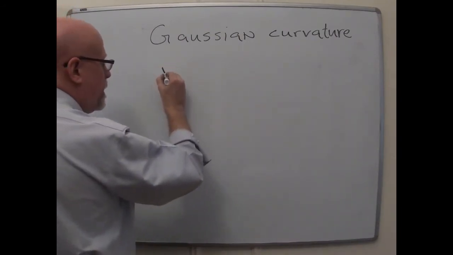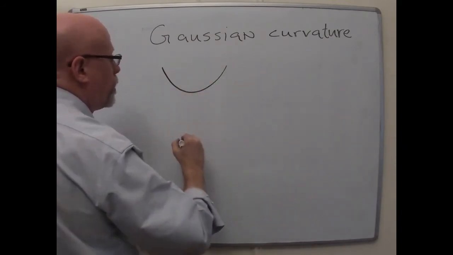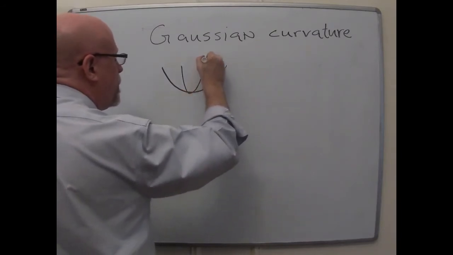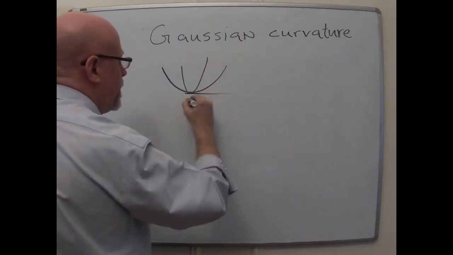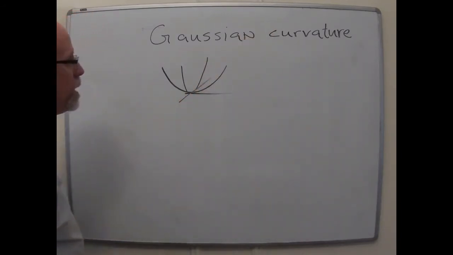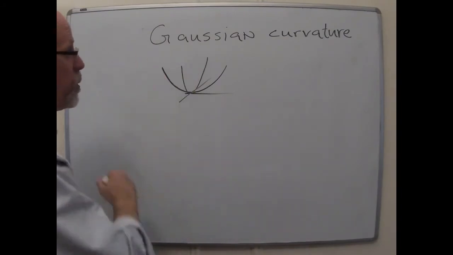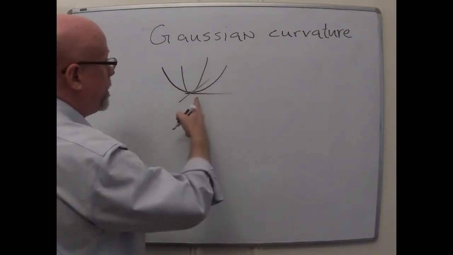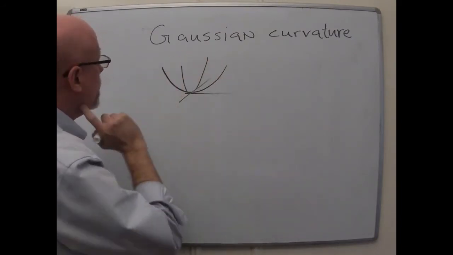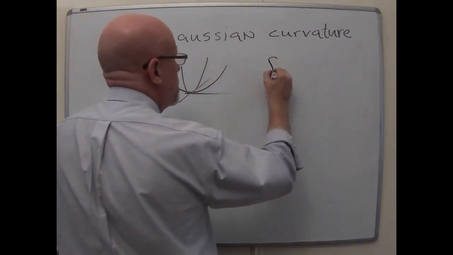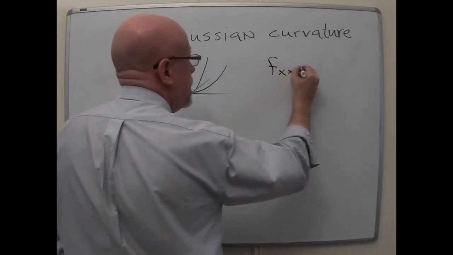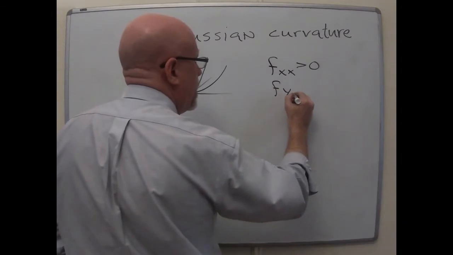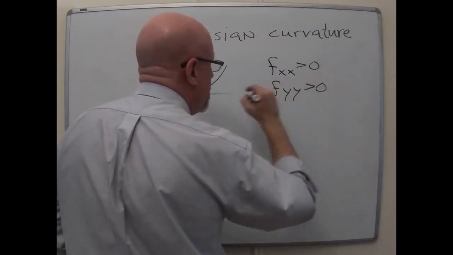If you have in the x direction, you're curved upward, and in the y direction, let me draw that foreshortened, you're curved upward. So that was going in x, and this was going in y. If you're curved upward in both directions, positively curved in x, positively curved in y, that turns out to be saying something like this: f sub x x is greater than 0, and f sub y y is greater than 0.